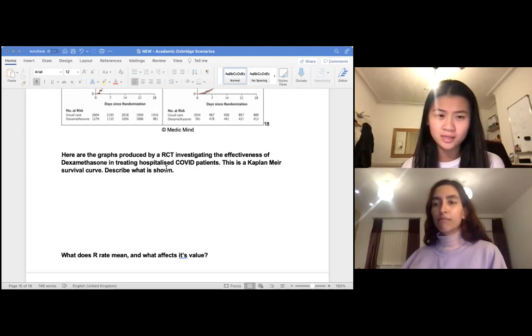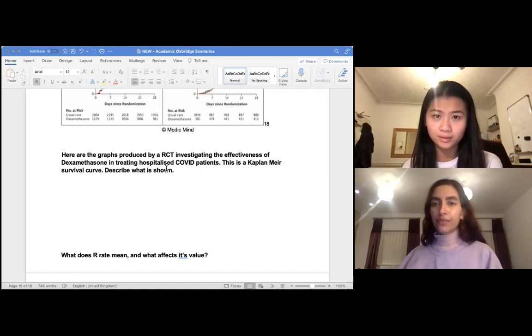If the R rate is more than 1, let's say it's 3, for every 1 person that gets infected, they'll go on and infect 3 more people, and then those 3 people will infect another 3 people each, and from there it's quite like an exponential growth, which leads to things like COVID-19.